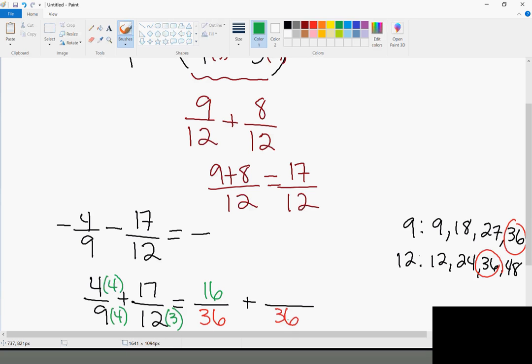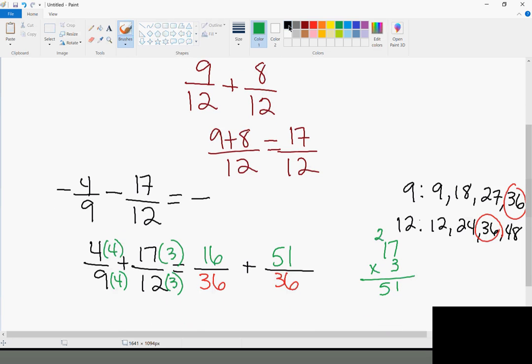Then 12 times 3 equals 36, so 17 times 3: 7 times 3 is 21, carry the 2. 3 times 1 is 3, plus 2 is 5. 51 over 36. Now I'm going to keep the denominator and add the top. 16 plus 51 is 67.